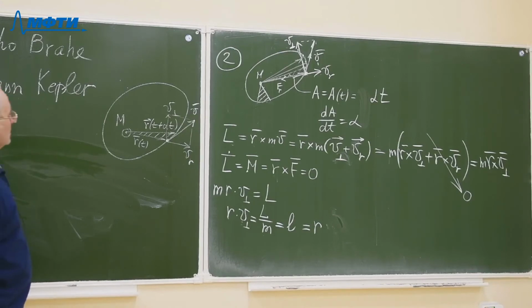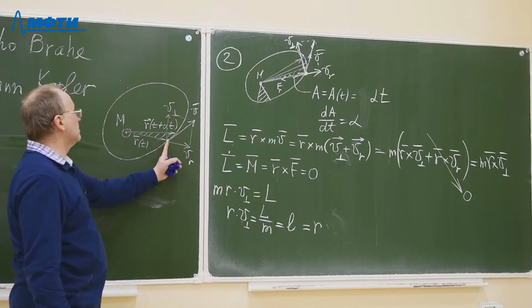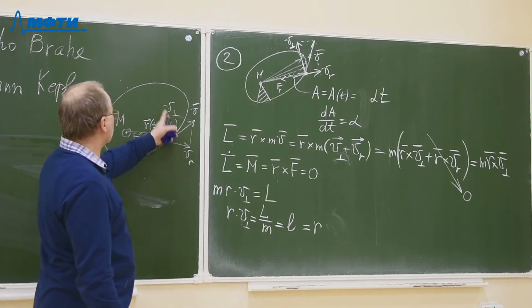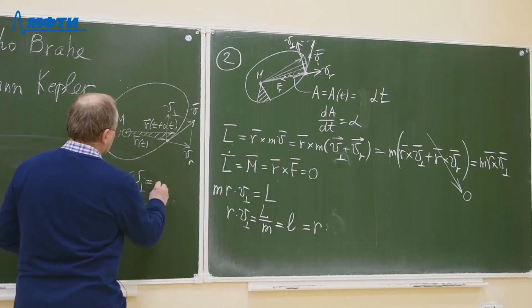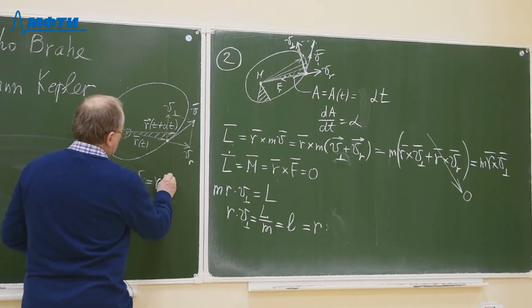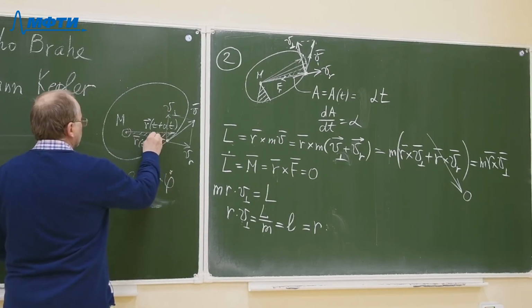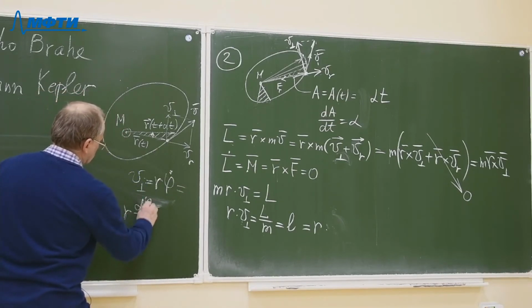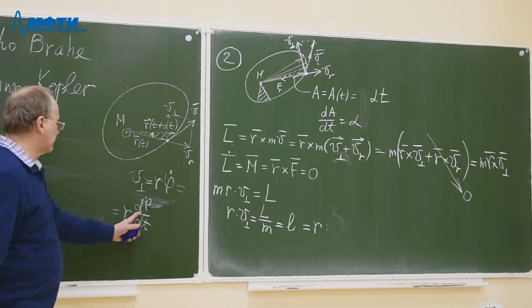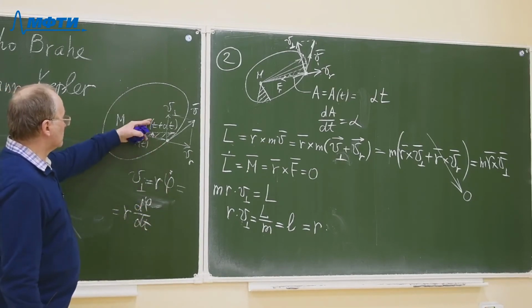And for the perpendicular component, if you recall the kinematics of rotational motion, you will understand that the perpendicular component equals the radius vector times phi dot, so this is r d phi dt, where phi is the angle of rotation of the radius vector.